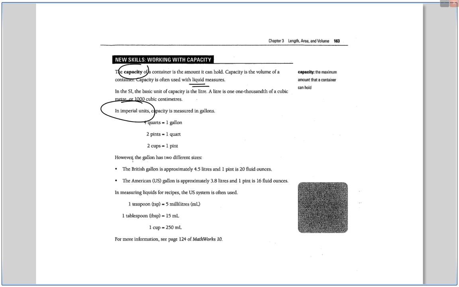Okay, so what you can do is draw a large G, and you can see that it takes 4 quarts to make a gallon. And then it says it needs 2 pints to make a quart.